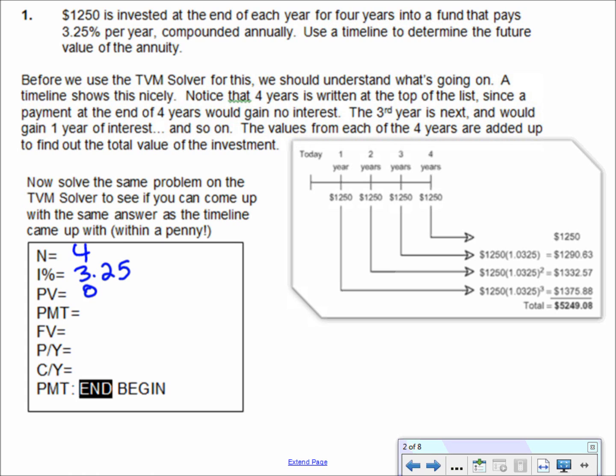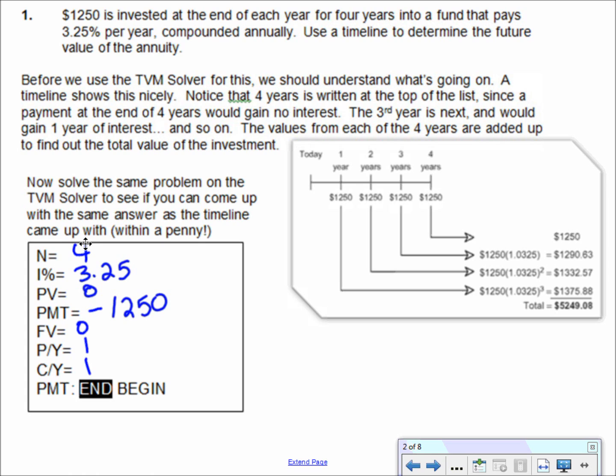Our payment is negative $1,250. Remember, it's negative because that money is coming out of your pocket. Future value is what we're finding out, so we just leave it at 0 right now. Payments per year. We are paying once a year. Compounding per year. It is compounded annually, so this is also 1.